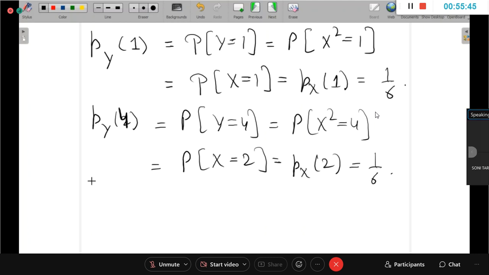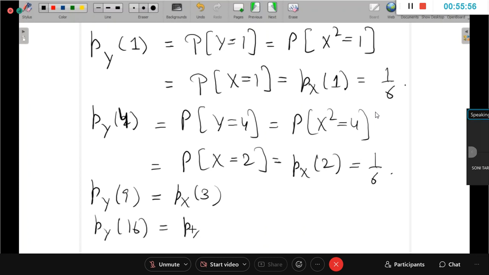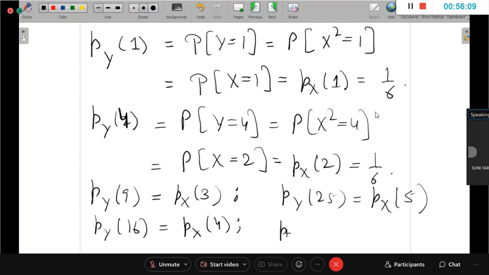So similarly, py of 9 can be shown as px of 3, py of 16 is px of 4, py of 25 is px of 5, and py of 36 is px of 6.